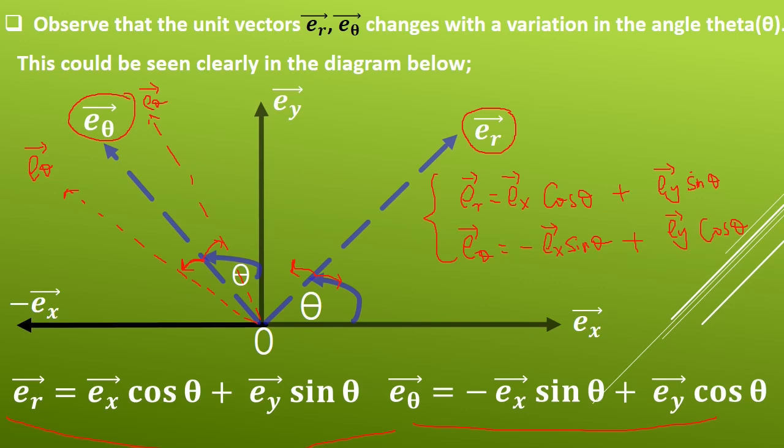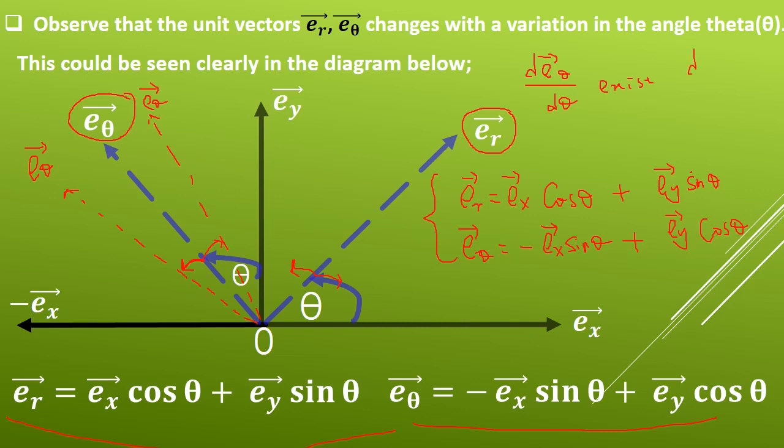Now, you may ask yourself how you can represent the variation of E theta and ER with respect to theta mathematically. For you to do that, you simply write it as such: the differential of E theta with respect to theta exists. That is what it means for E theta to change as theta changes.